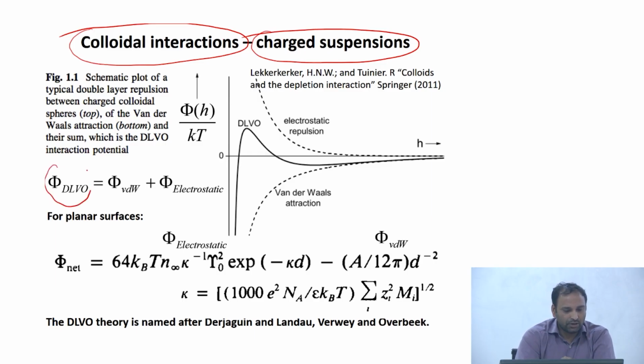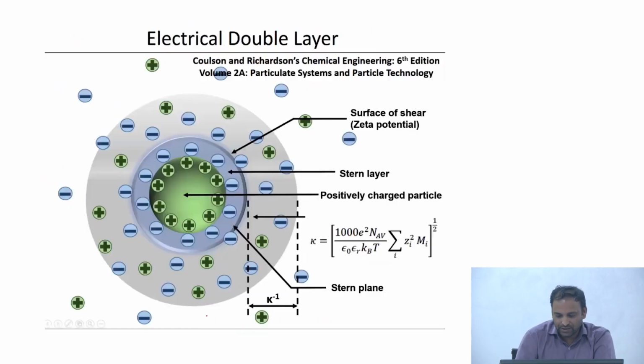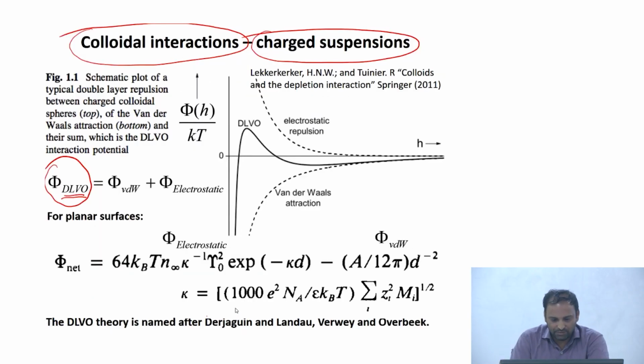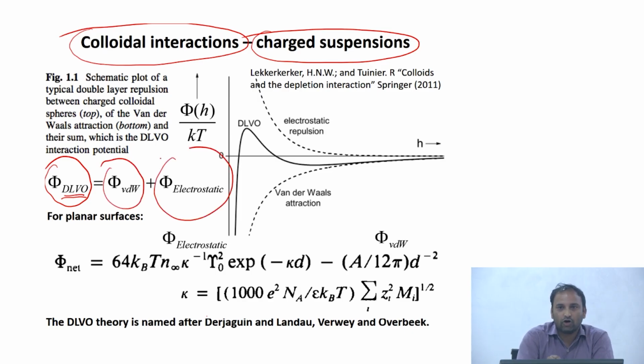The total potential, phi DLVO, is what is called the total potential, and in the case of a charge-stabilized dispersion, that means a dispersion which contains charged particles, it has a van der Waals contribution and an electrostatic contribution.